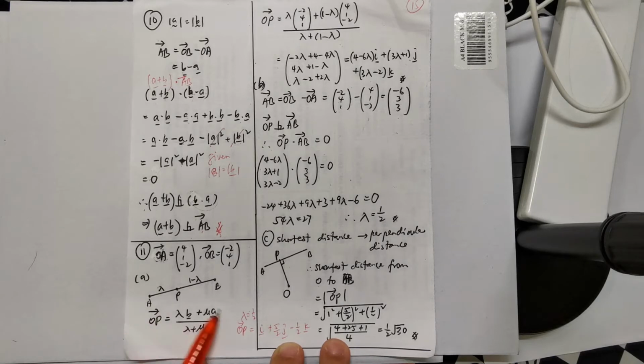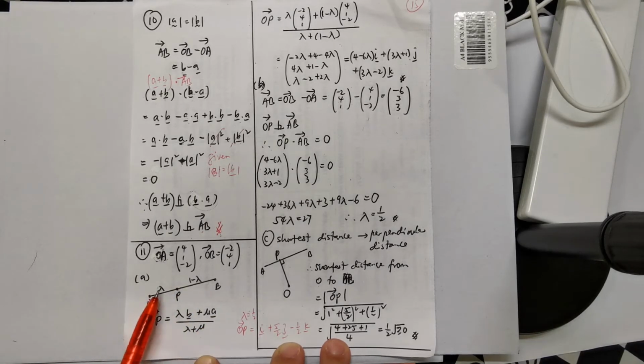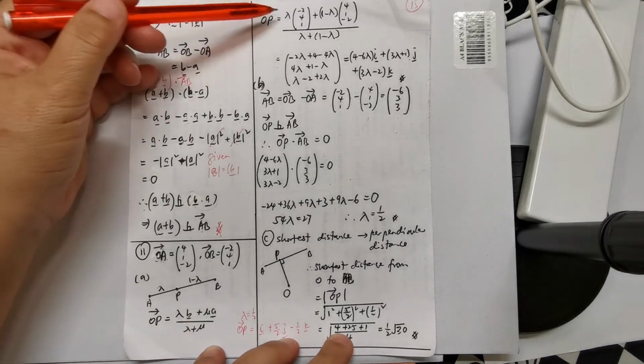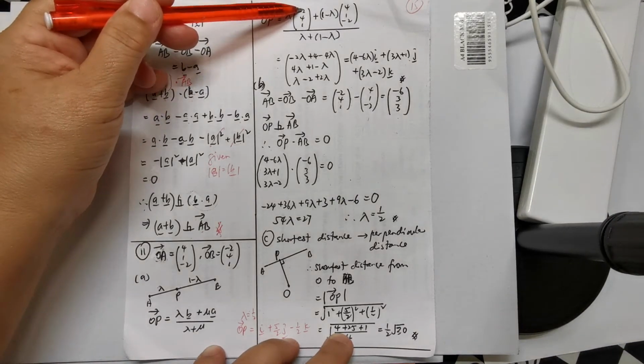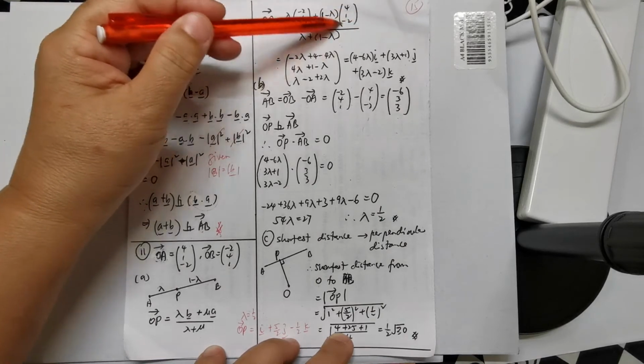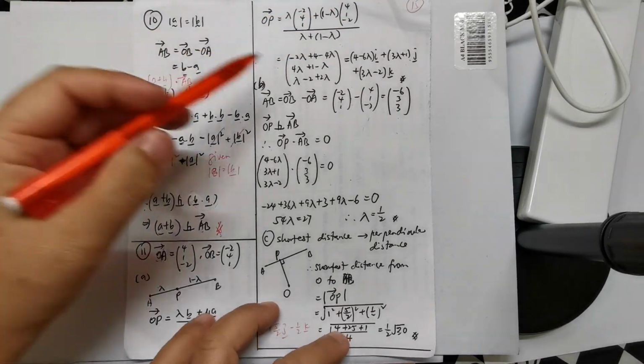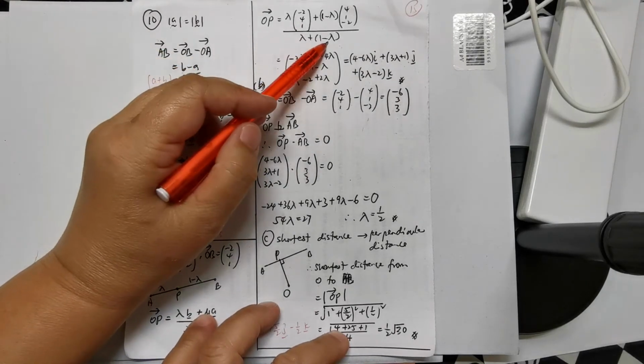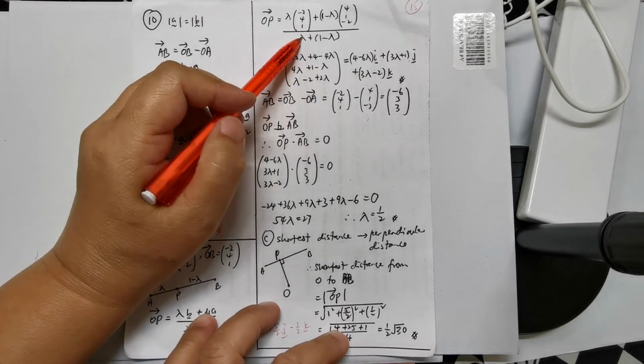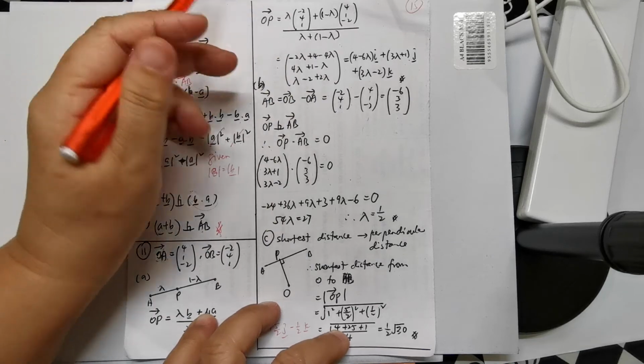So this is the formula to find the position vector of OP: lambda multiplied with this vector, 1 minus lambda multiplied with this vector, then over lambda plus mu. Okay? Therefore, OP is lambda OB plus 1 minus lambda OA, over lambda plus 1 minus lambda. So you see this one, lambda minus lambda no more, so the denominator is left with 1, so we can forget about it.